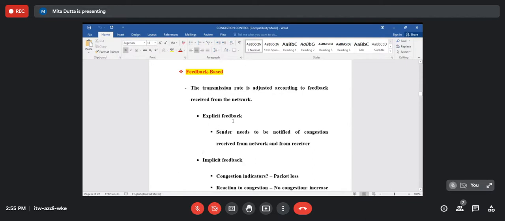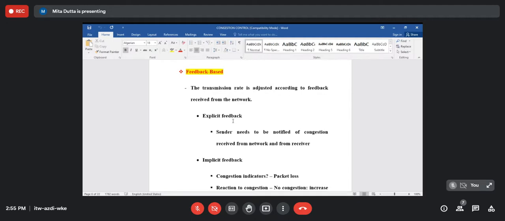In explicit feedback, when the network is congested, the place where the congestion occurs will send a signal. We pass the data packets through different nodes in a network, what we call routers.